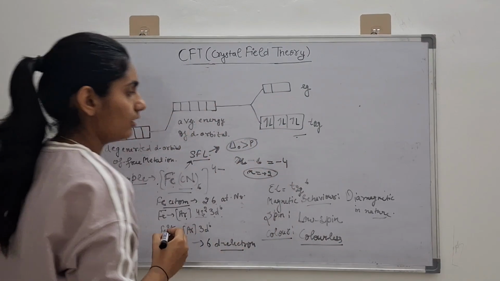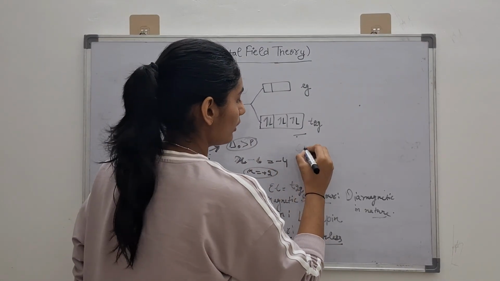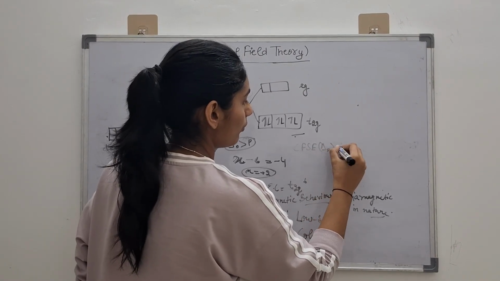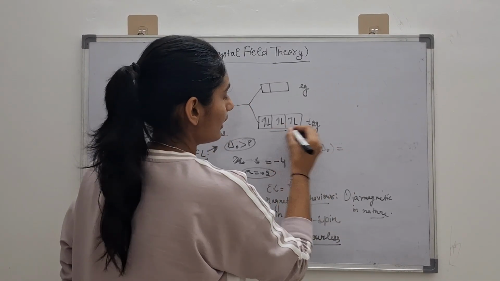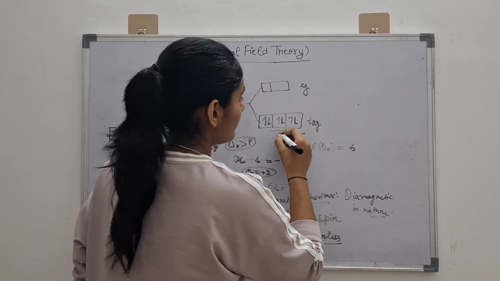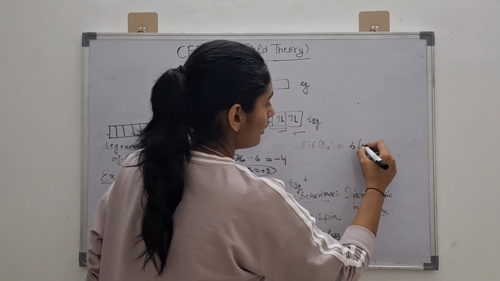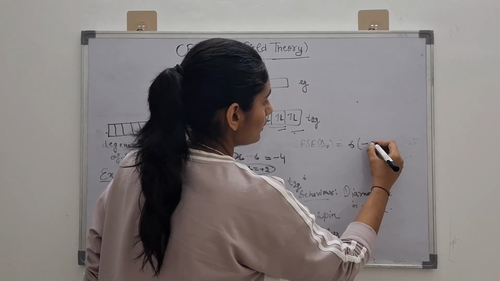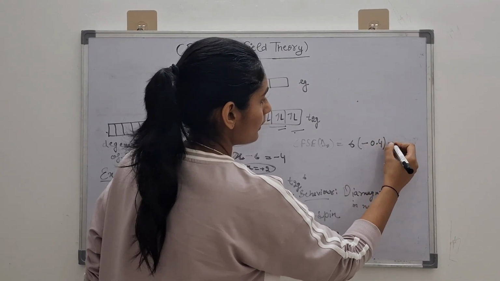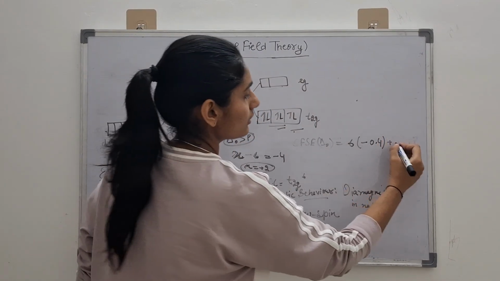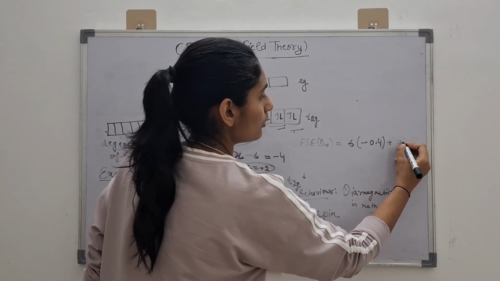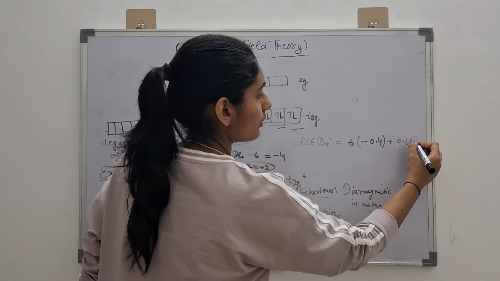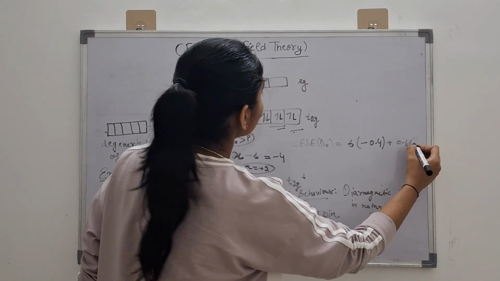And if we find the CFSE of the complex, 6 electrons are in the T2g orbital, plus there are no electrons in Eg, so 0.